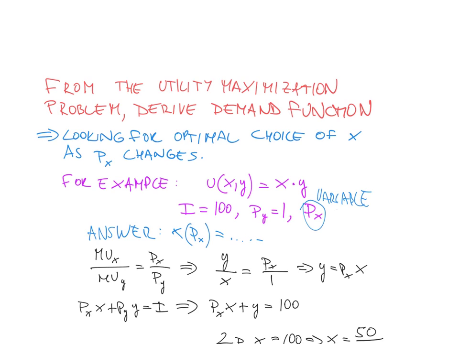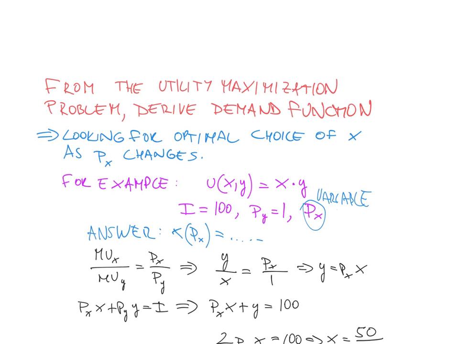Okay, we are using two equations, right? We know that preferences are monotonic. Do you know that? Yeah. Because the utility function is x times y, so you know that if you get more of x or more of y or more of both, your utility goes up. Okay, so we can just use the formula we have, which is the ratio of marginal utilities equals the ratio of prices.